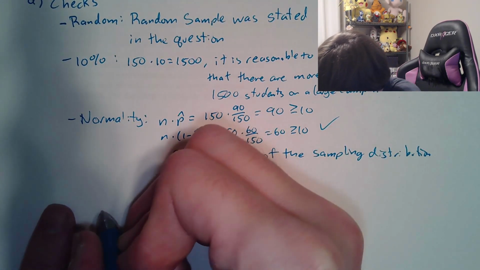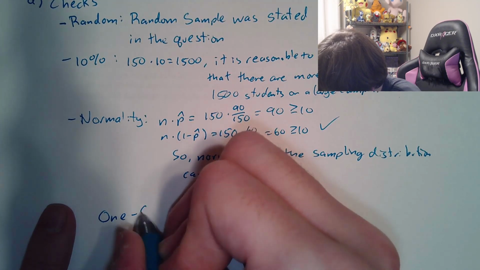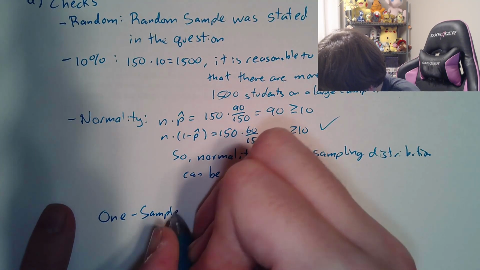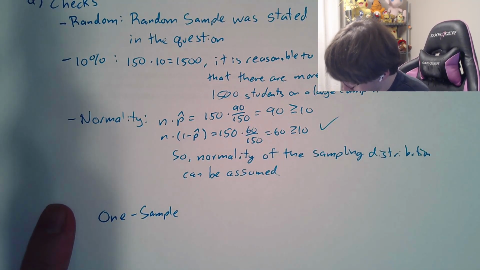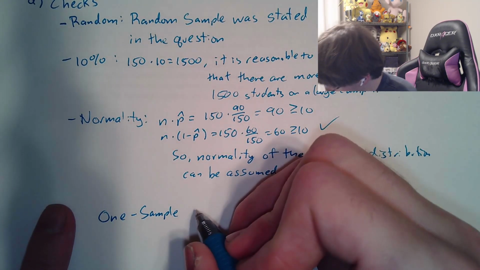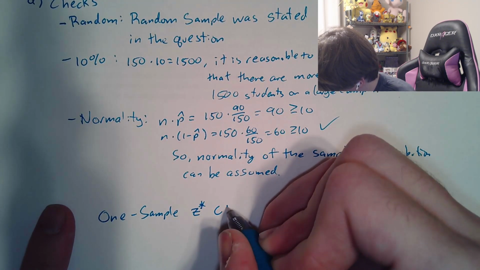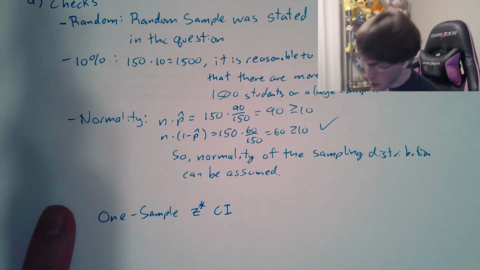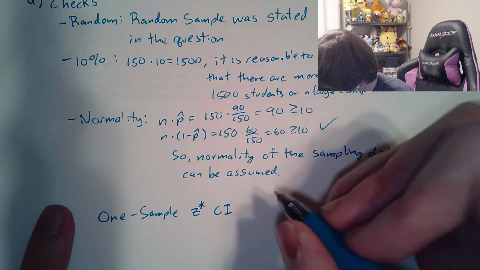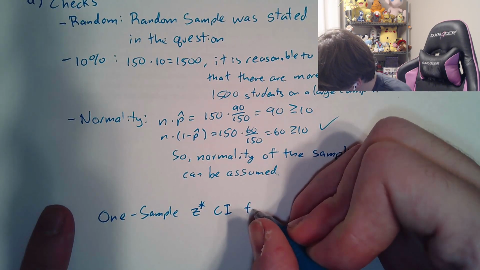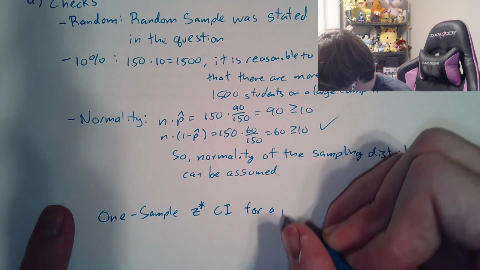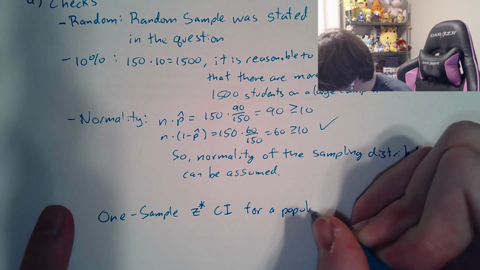This one is called the one sample Z confidence interval. I'm using CI. You're allowed to use CI in the test. One sample Z confidence interval for a population proportion.